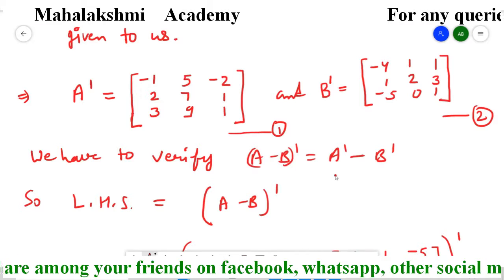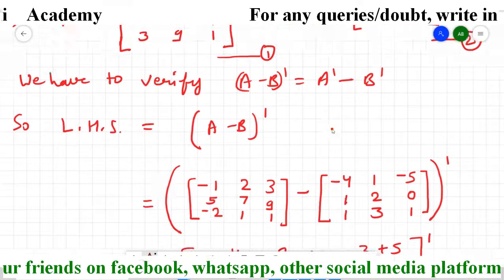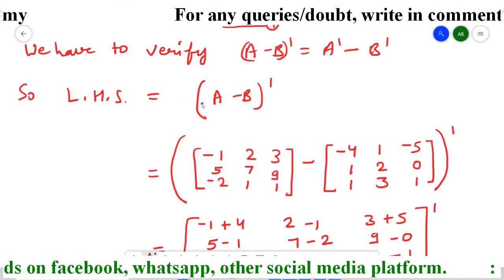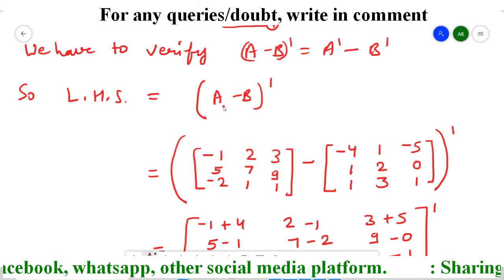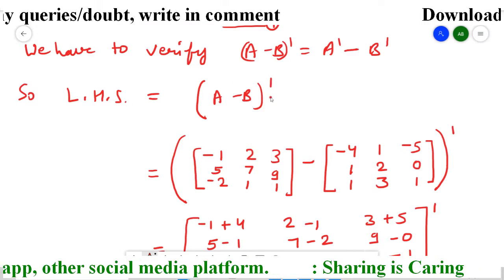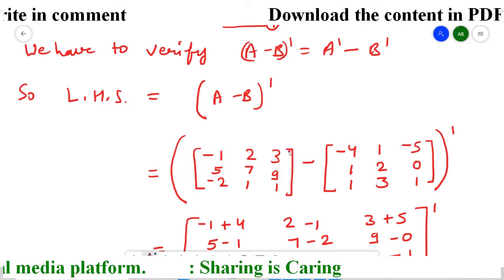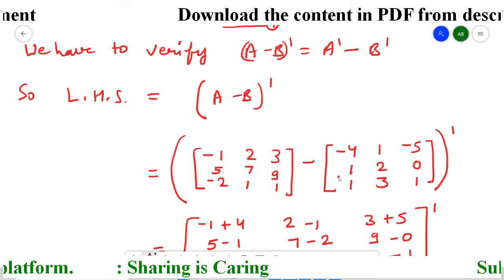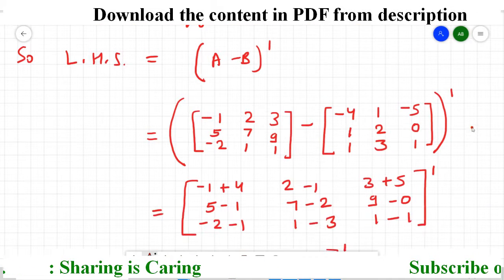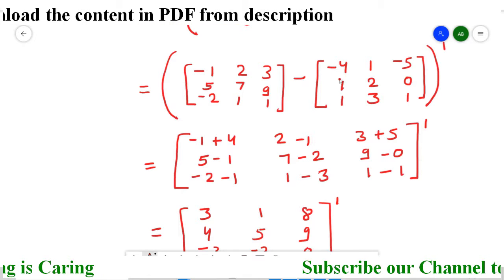We have to verify this result, so I started to solve the left hand side first. In the left hand side, we first have to subtract A minus B, and then whatever result we get, we take that matrix's transpose. So first I replaced the values of A and B from the question. For subtraction of matrices, we subtract the corresponding elements.